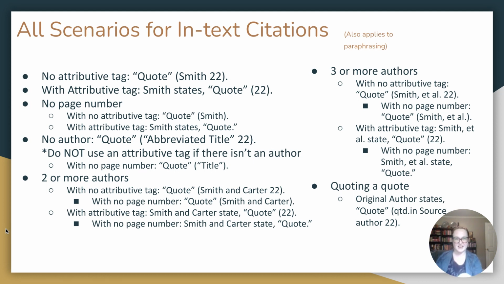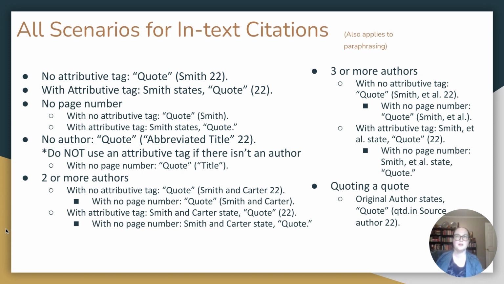You'll list their last name. So if Smith is the first name in a long list of like 15 authors, right? You'll list Smith, comma, et space al period. That's all you need to do. You don't need to list all the authors, okay? And then the same rules apply with all that.